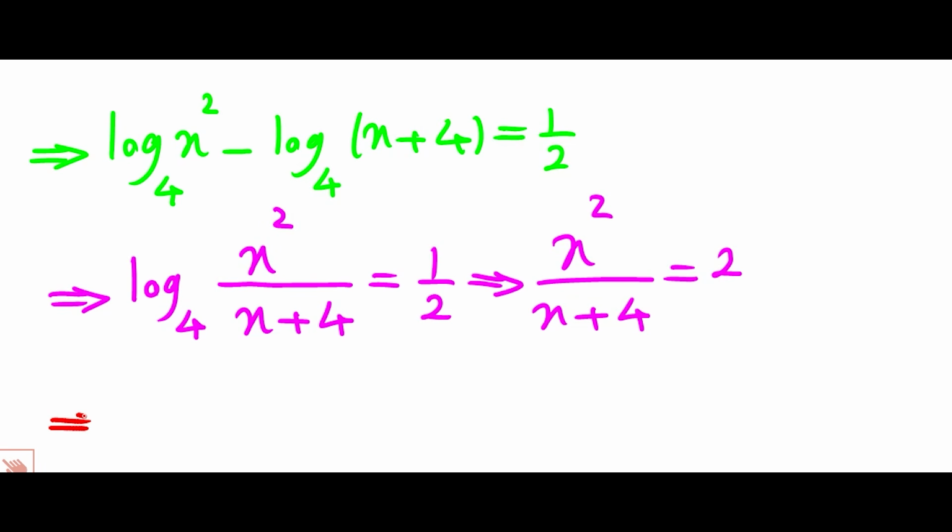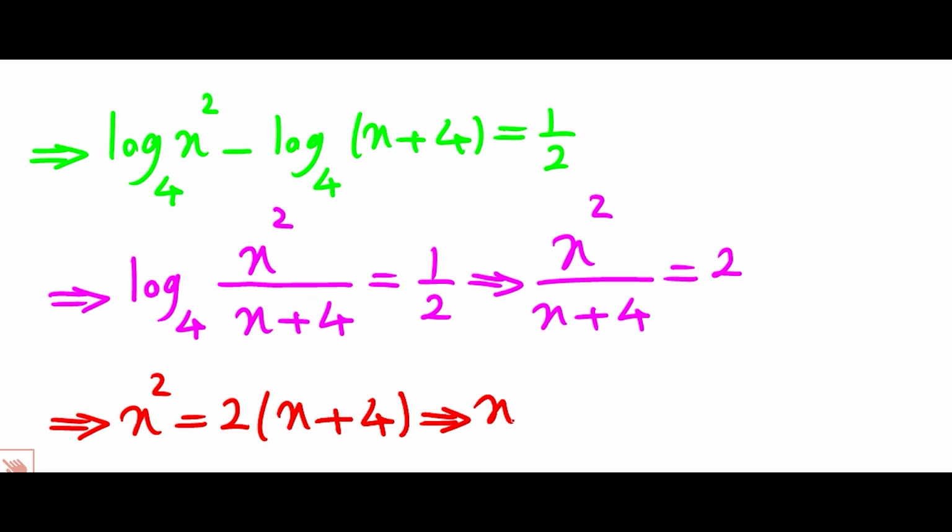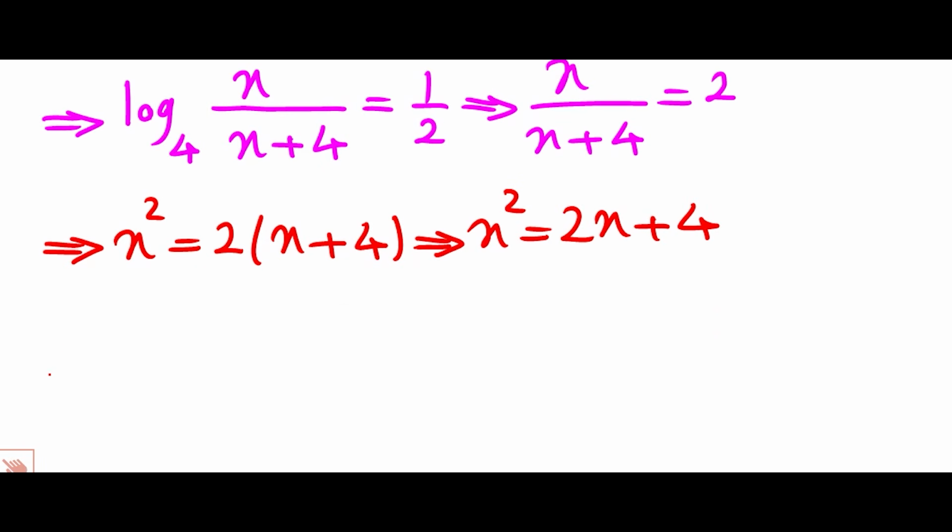So x squared equals 2 times (x plus 4), or x squared equals 2x plus 8. Sorry, 2x plus 8.